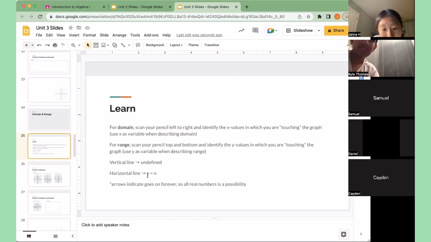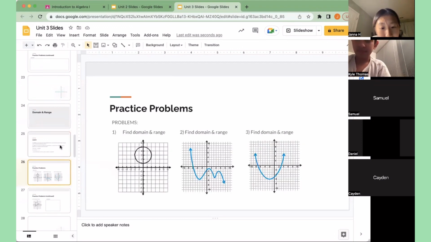A horizontal line means that y equals n, so whatever number the line is on is n. So if it's a horizontal line on y equals 3, then n equals 3. Arrows indicate that it goes on forever, so all real numbers is a possibility for these.